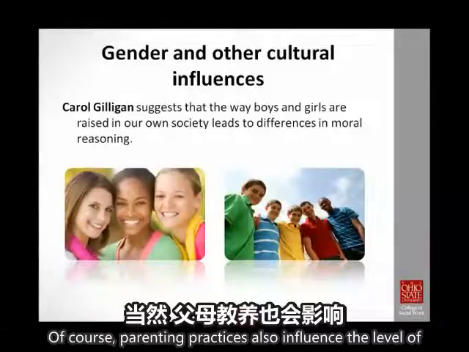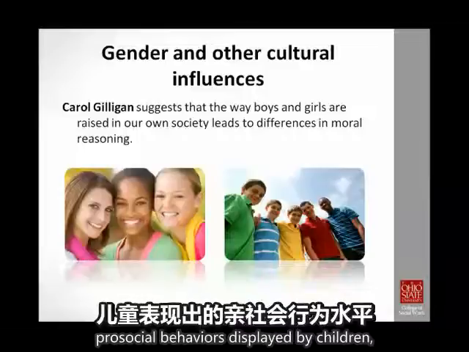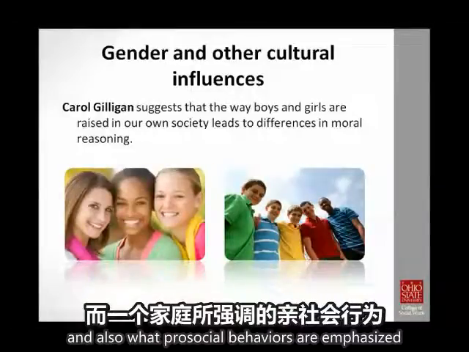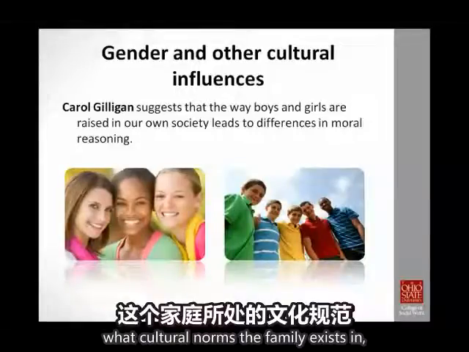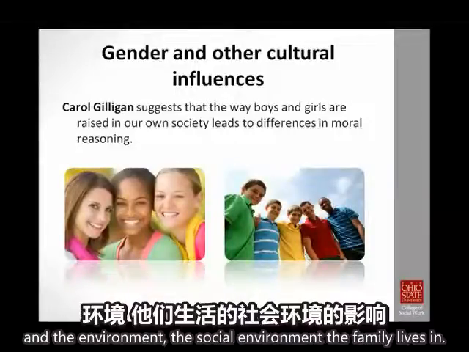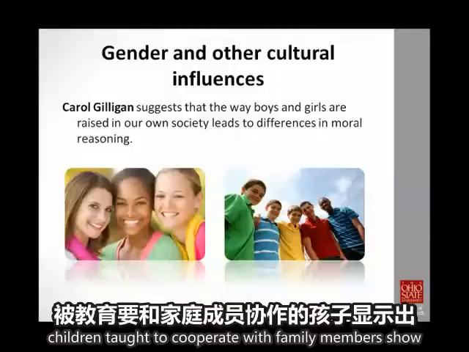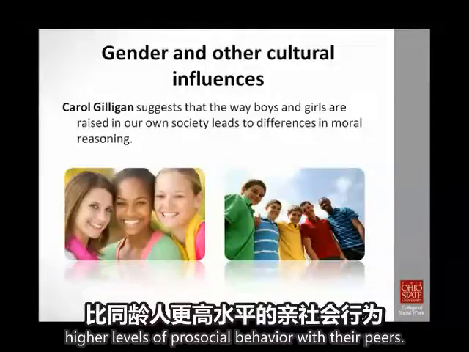Of course, parenting practices also influence the level of prosocial behaviors displayed by children, and what prosocial behaviors are emphasized by a family are also influenced by the cultural norms and the social environment that the family lives in. So, for example, children taught to cooperate with family members show higher levels of prosocial behavior with their peers.